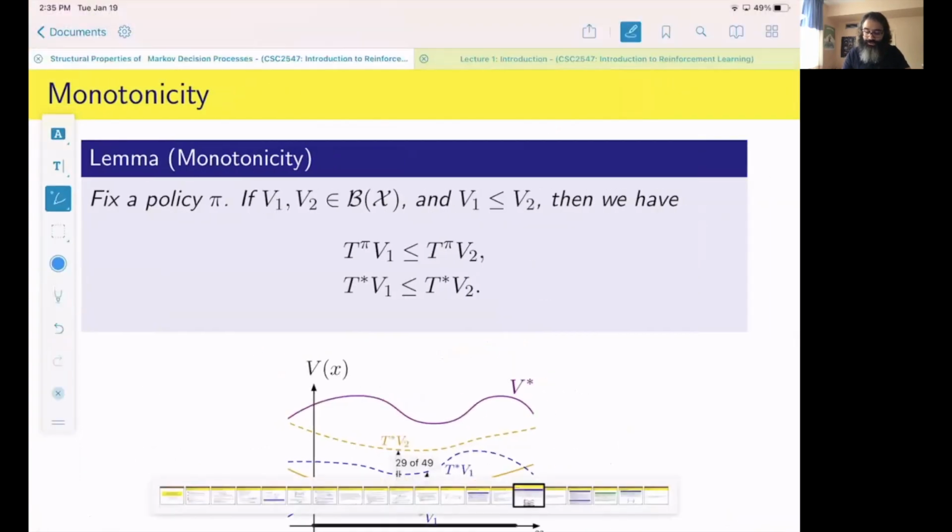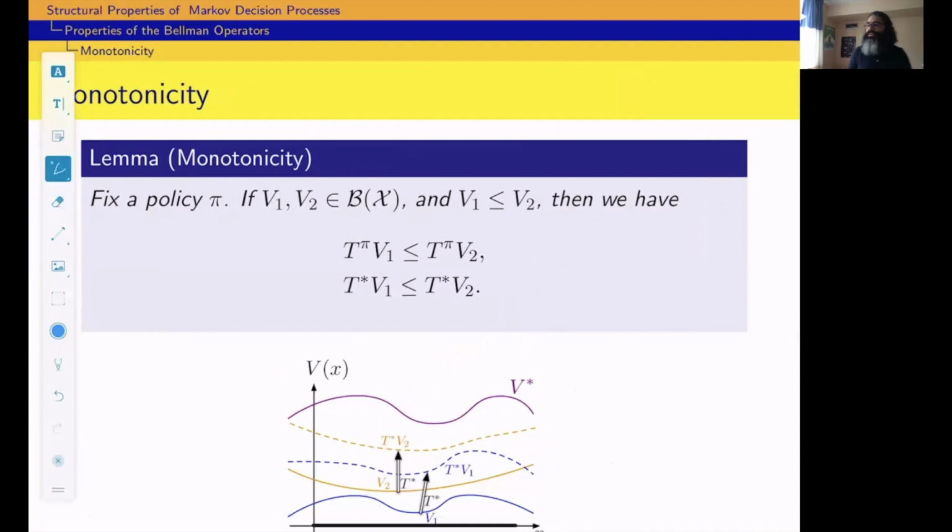Okay, so the monotonicity property is basically this. Let's fix a policy pi and choose two functions with the right dimension, like any function, V1 and V2. They are not necessarily the value of any policy.